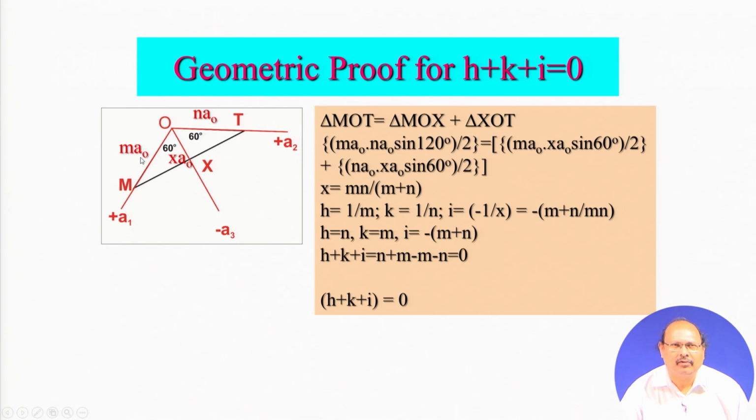So, this is MA0, OT is equal to NA0 and OX, let us consider, is equal to X times A0.